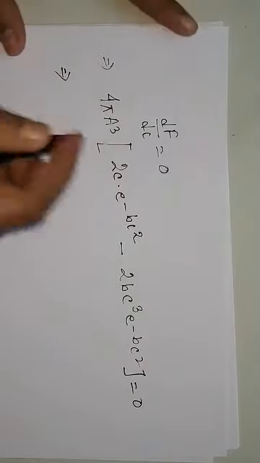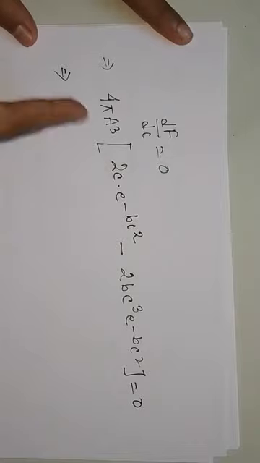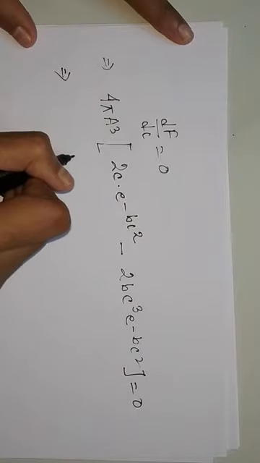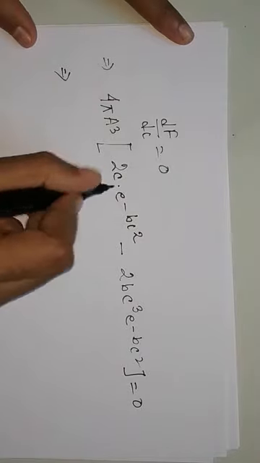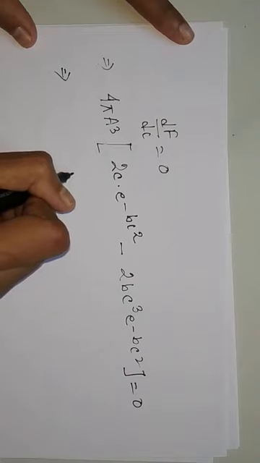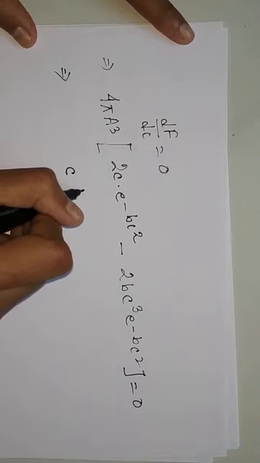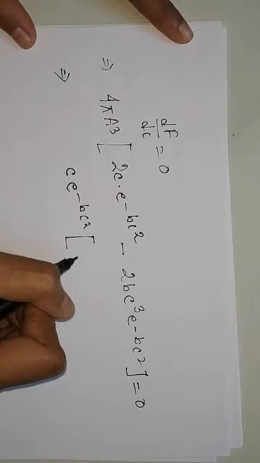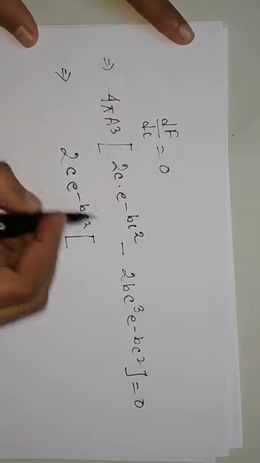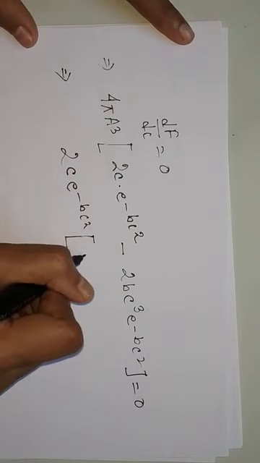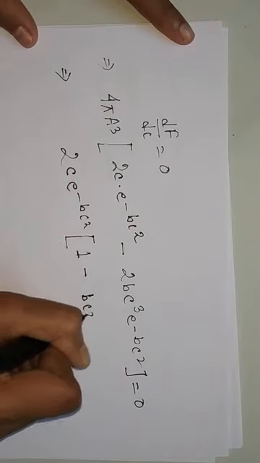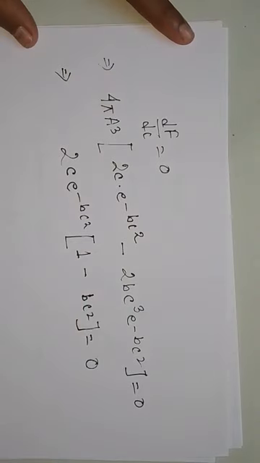Now 4 pi a cube is not 0. From these two terms we can take c e to the power minus b c square common, and 2 common also, 2c e to the power minus b c square. Then you will have 1 minus b c square equals 0.